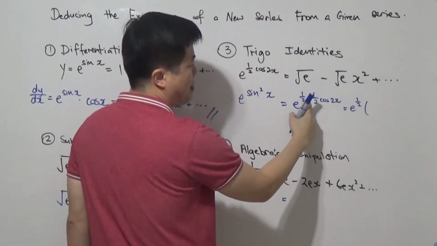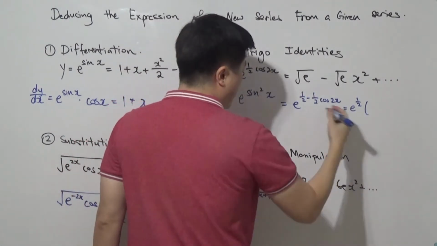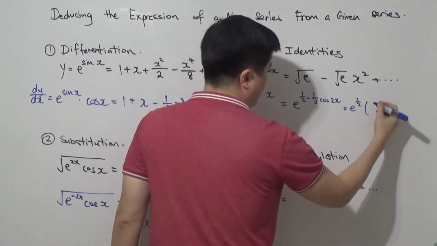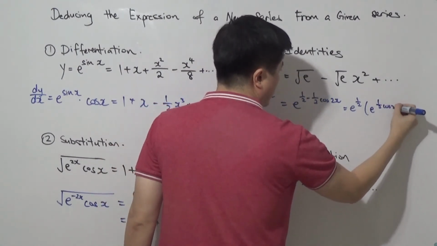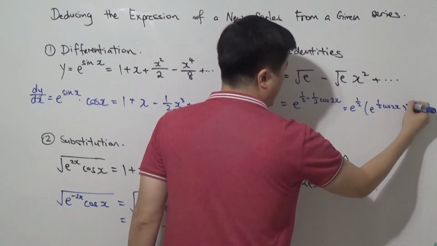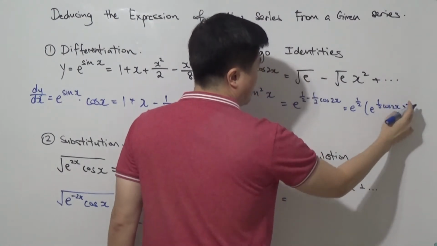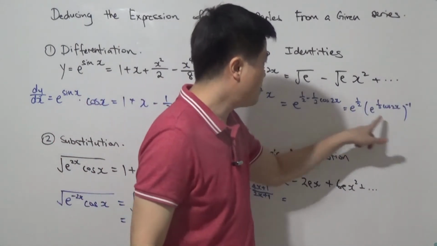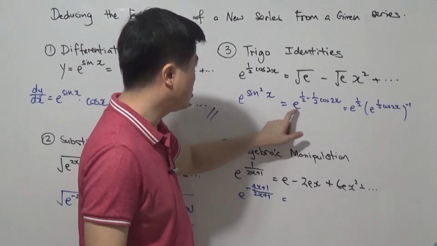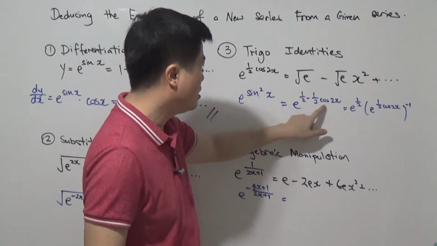And then we have a minus over here. So in fact, you can see this as e to the power half cosine 2x, close bracket, to the power minus 1. Now if you multiply the indices back in using the laws of indices, this at the back is equal to this part over here, minus half cosine 2x.